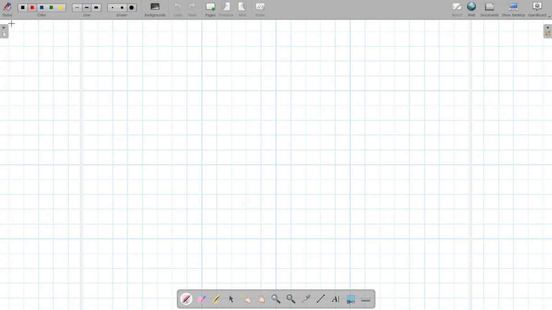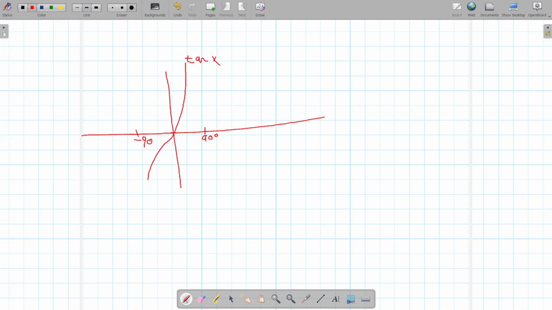So if I were to show you on a graph, how would the tan function look? This would be tan x. Here would be 90 degrees, here would be negative 90 degrees. It starts like this, it goes like this. It doesn't cross 90 degrees and it doesn't cross negative 90 degrees. Then it starts again, since it's every 180. From 90 plus 180 will be 270.